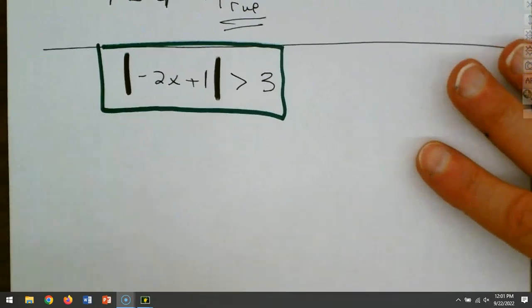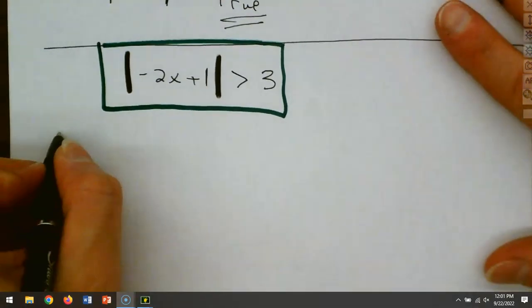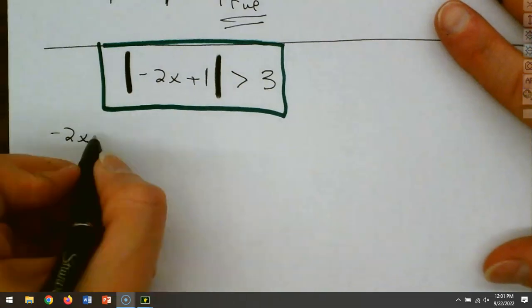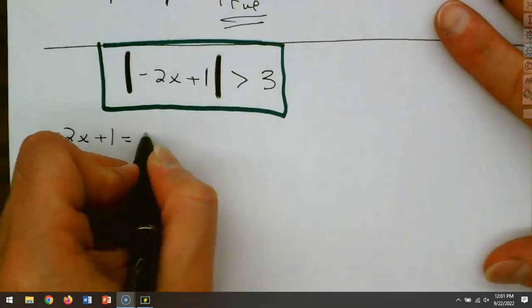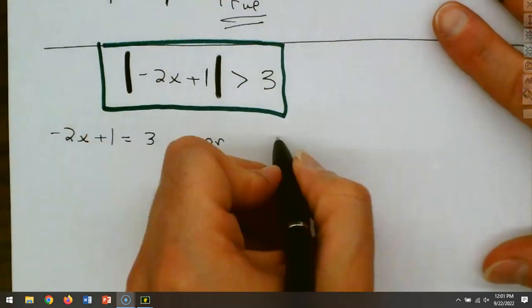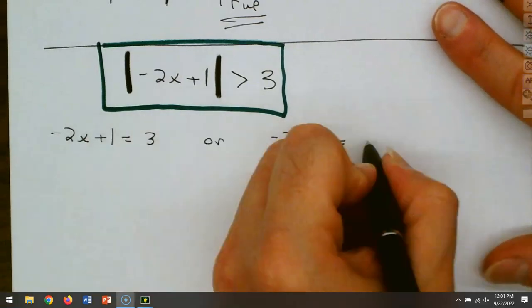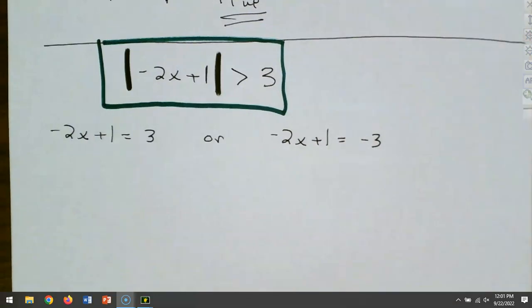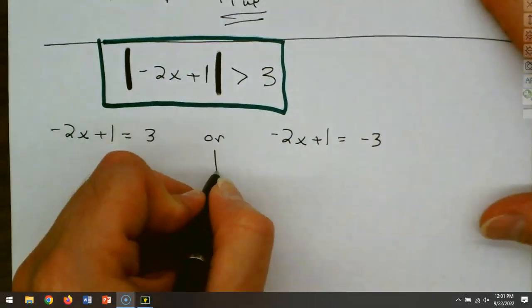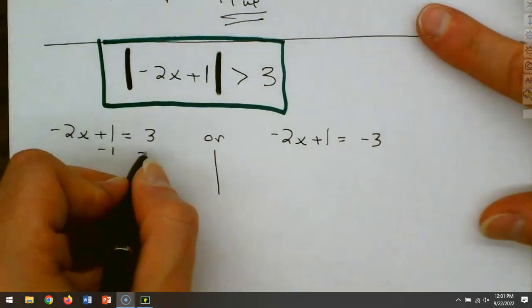Okay, what would my two equations look like? They would look like minus 2x plus 1 equals 3, or minus 2x plus 1 equals a negative 3. Finish them out. Move that 1 over.